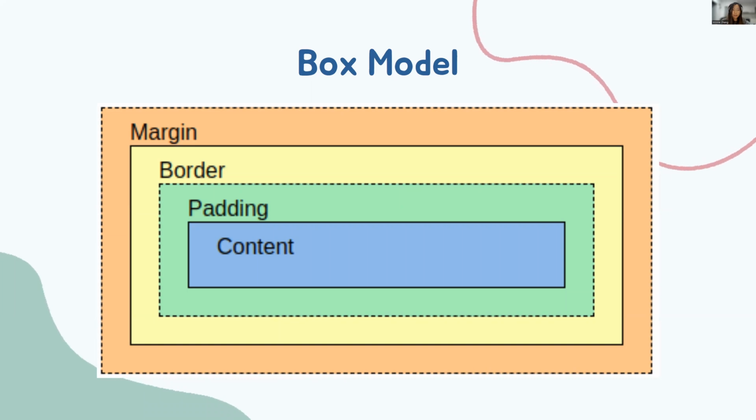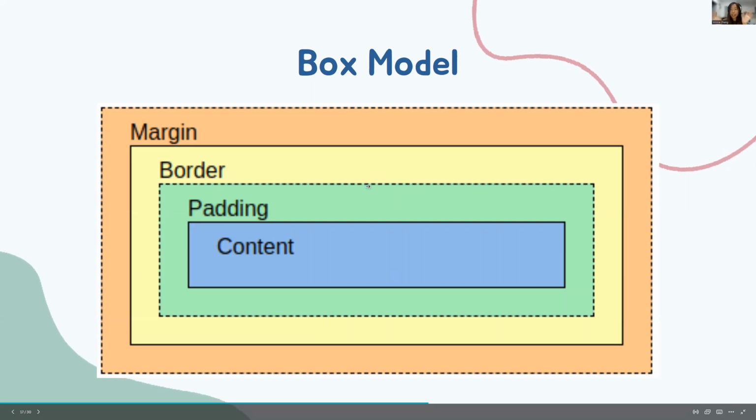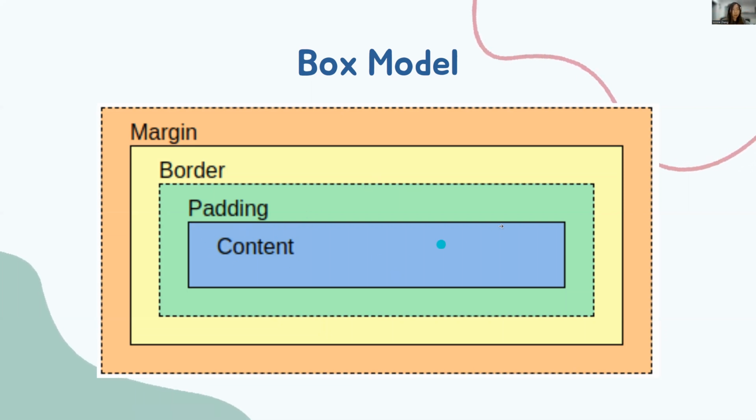So for example, one way we can look at an element, and that's denoted by the content within the element, is by looking at this thing called the box model. The content can be surrounded by padding, a border, and even a margin as well.